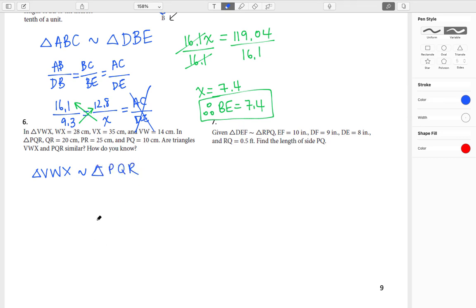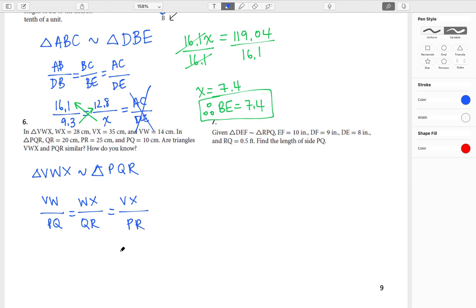So let's write down the proportionality first. VW, first two, is proportional to PQ. WX is proportional to QR, and VX is proportional to PR.